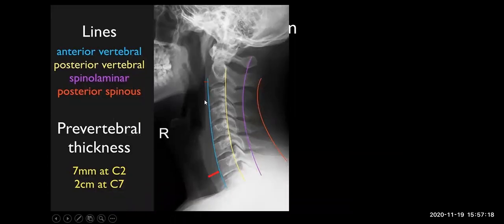There is a smooth outline of the prevertebral soft tissue, and it is very easy to recall that it should not exceed 7 millimeters at C2 and not more than 2 centimeters at C7. So C2 is 7, and C7 is 2 centimeters. This is normal.